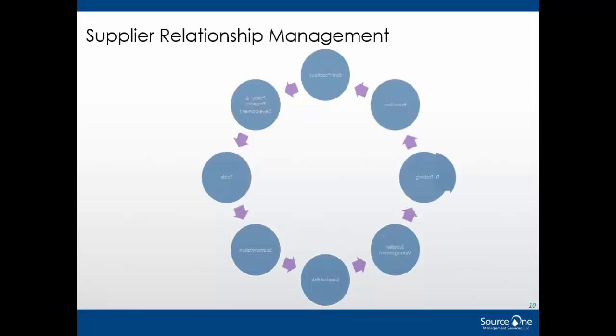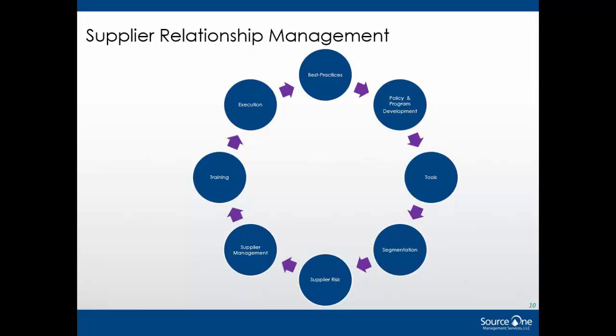This can then feed into your contracting process. It can feed back into your existing risk management and control process, and really across the board helps multiple departments do their job.